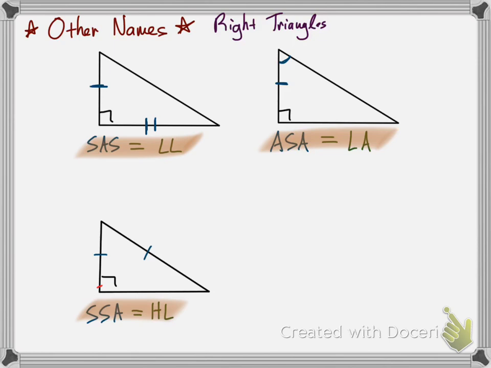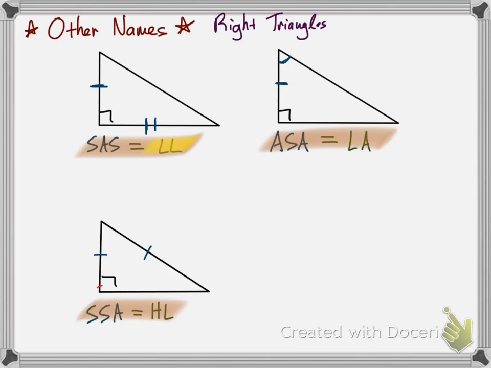And we will discuss some of these later. But in a right triangle, if you come across side, angle, side, sometimes you will see the letters LL mentioned. So LL is equivalent to side, angle, side in a right triangle. That LL stands for leg, leg.